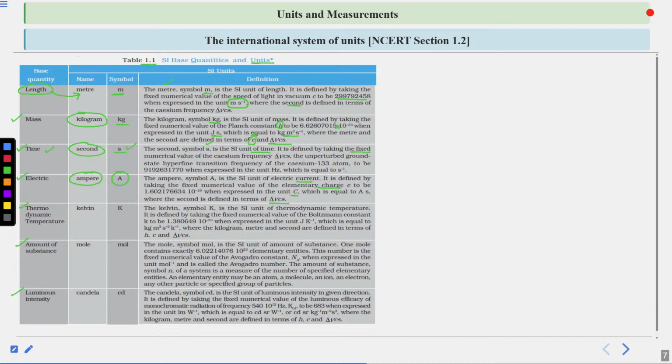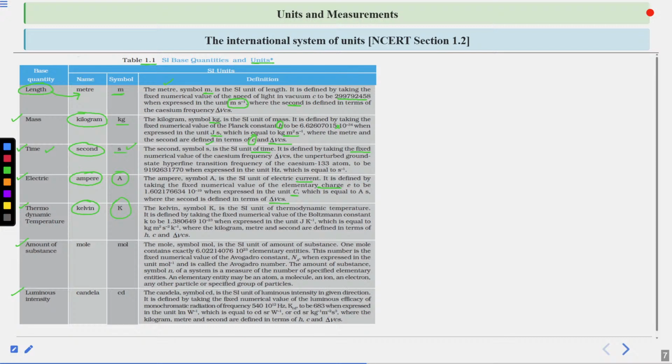And fifth is thermodynamic temperature. Thermodynamic temperature is measured in Kelvin, and the symbol is K. K is the symbol. Clear?